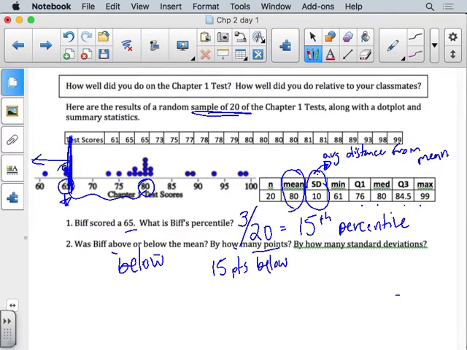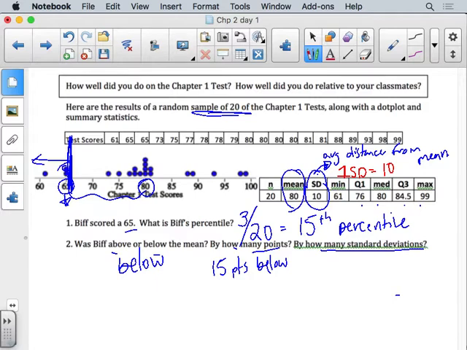Okay? And then here's the standard deviation. So by how many standard deviations was he below the mean? On this problem, 1 standard deviation equals 10.